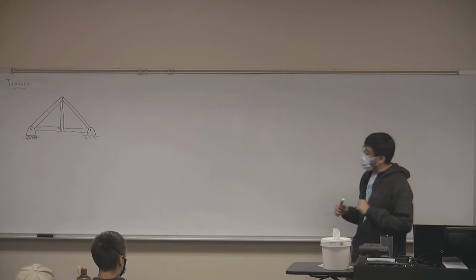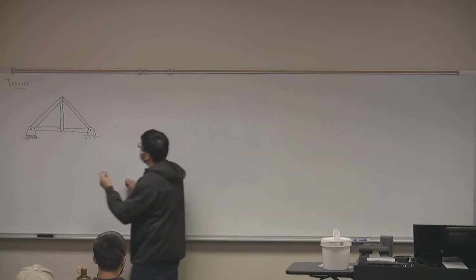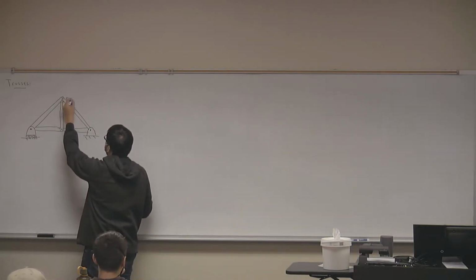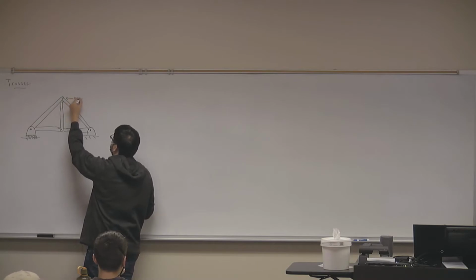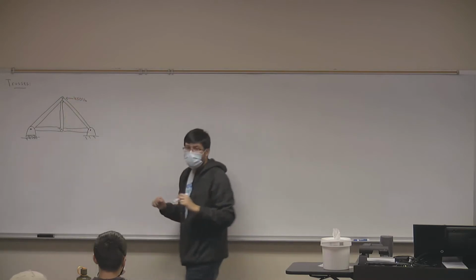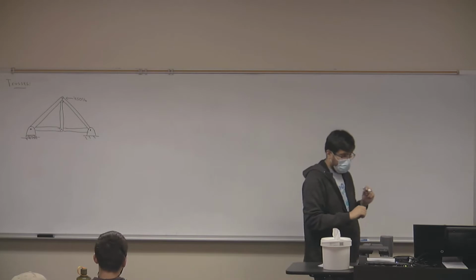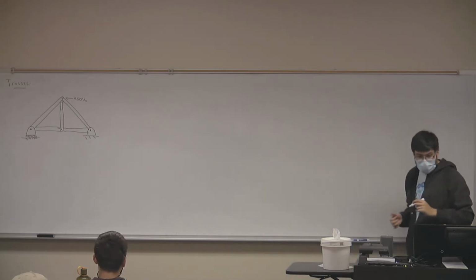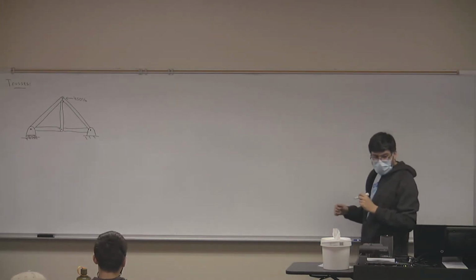But let's say that I apply a force of 450 pounds to the top truss. Okay? So I apply a force of 450 pounds to the top truss, and I'm going to give you some dimensions.